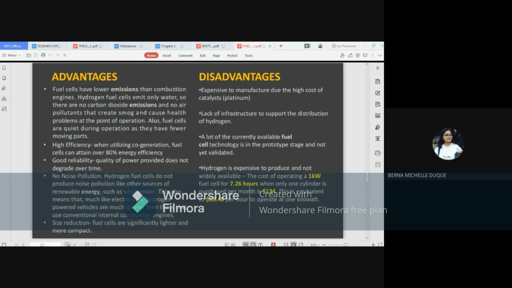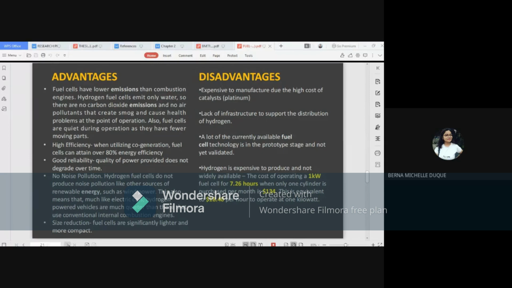The quality of power provided does not degrade over time, and it has no noise pollution. So when it is used for an engine, there would not be much noise. And then the size reduction, because the fuel cell is compressible.